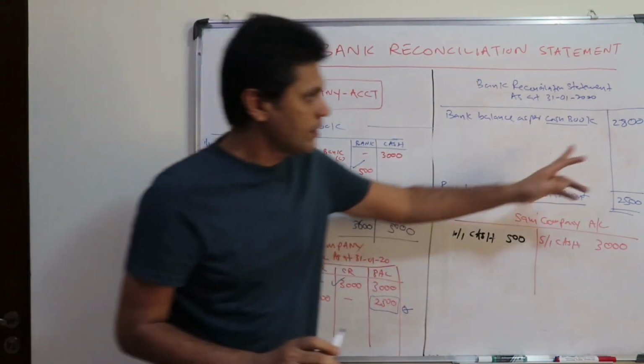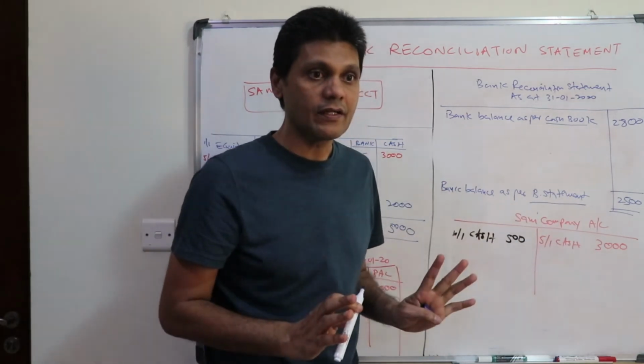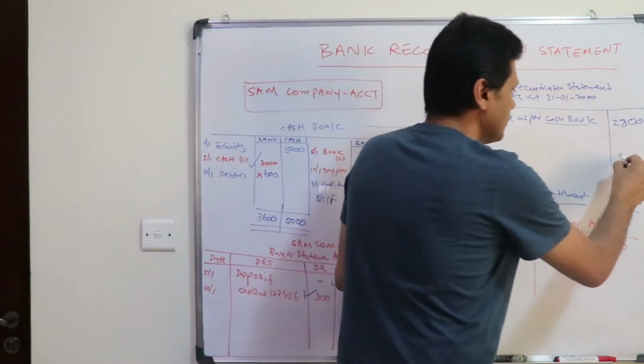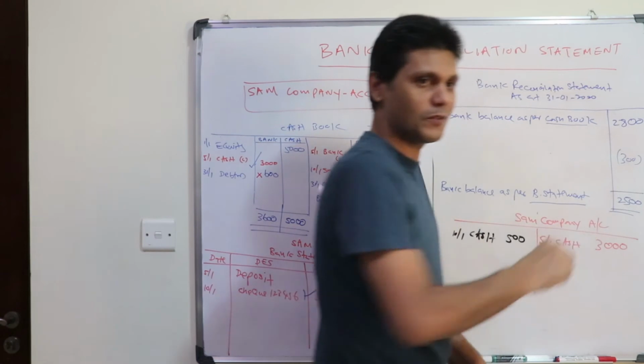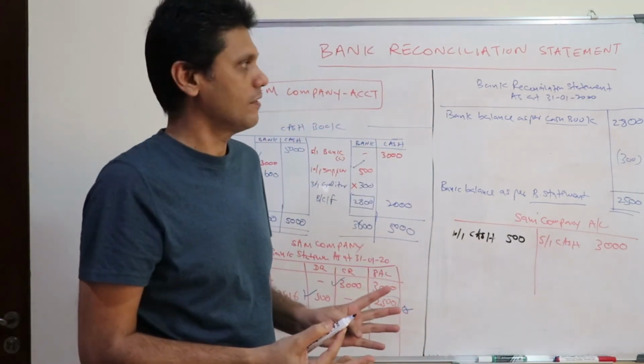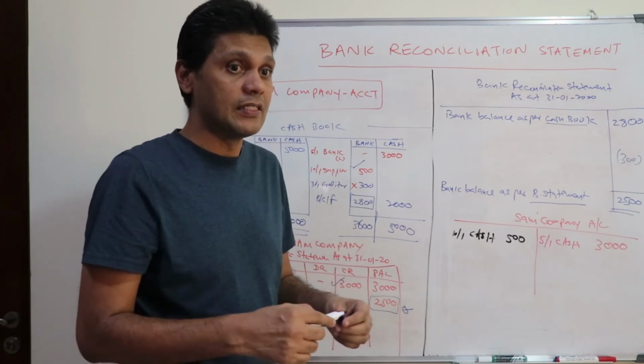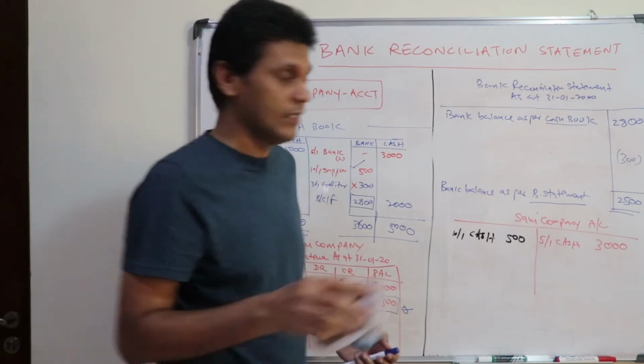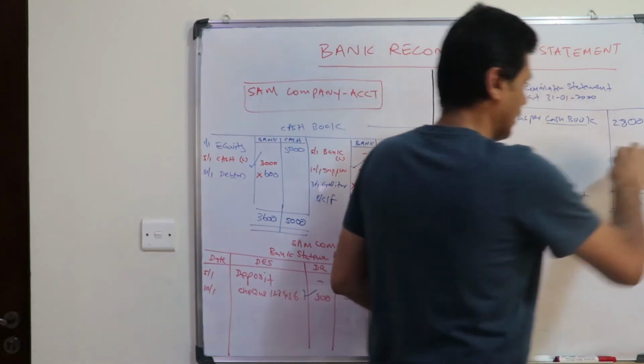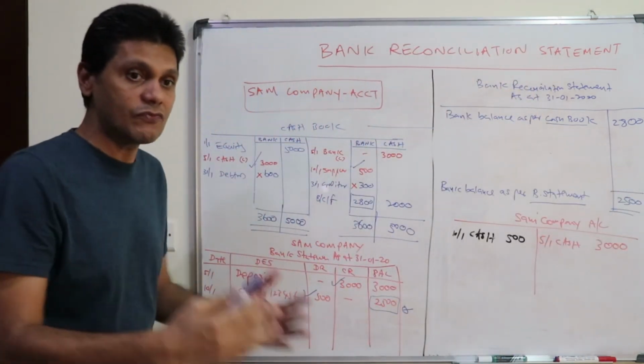Clear? What is the difference? 300. Can we show, okay, this is less by 300 like this? No, it's not a reconciliation statement. You need to give evidence, supportings. So let's identify what are the evidence we have.